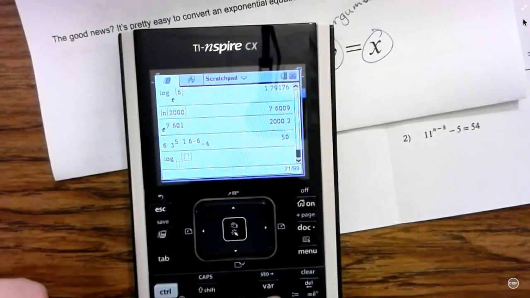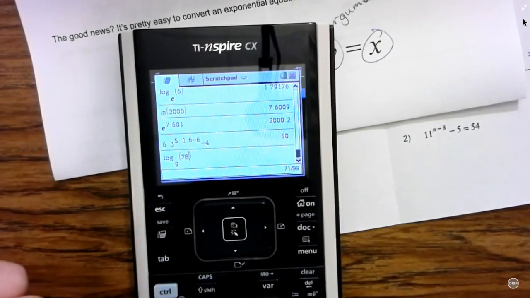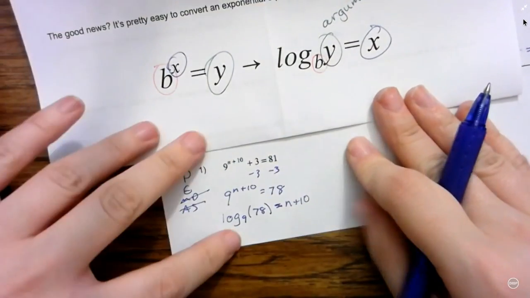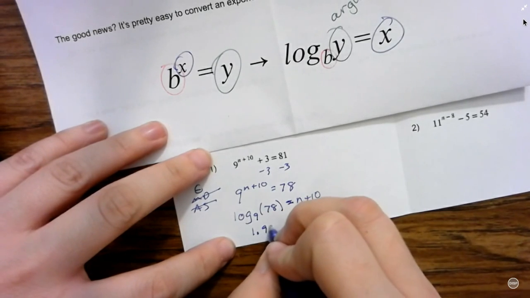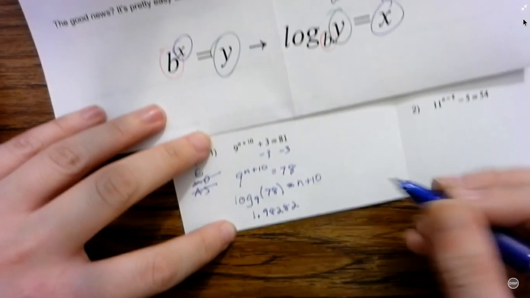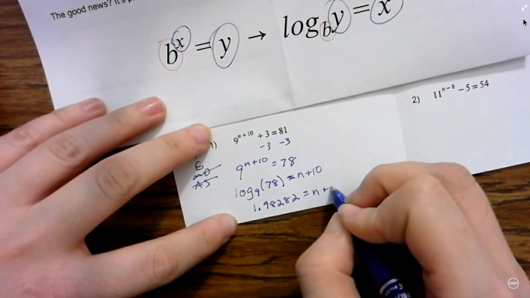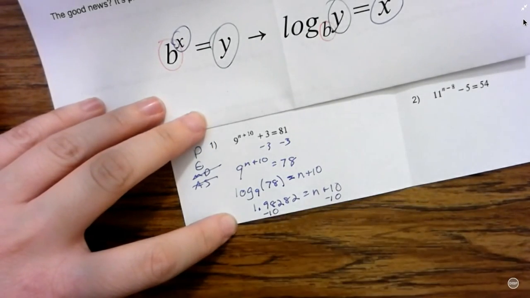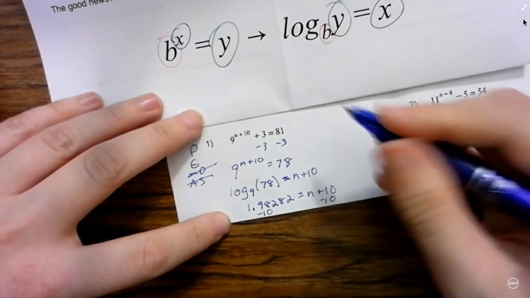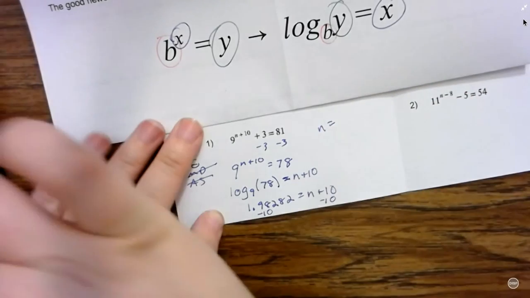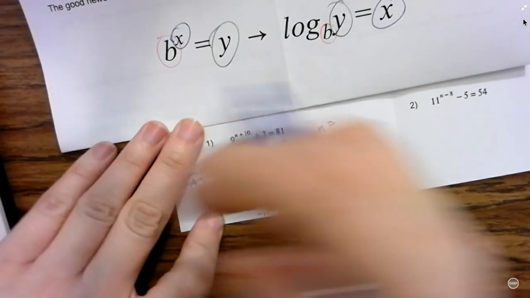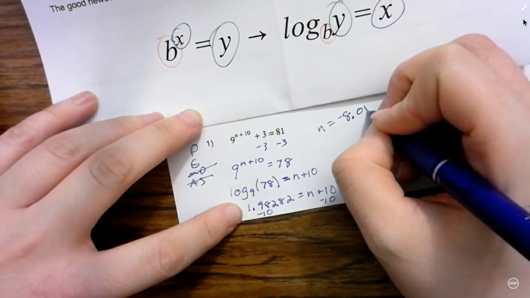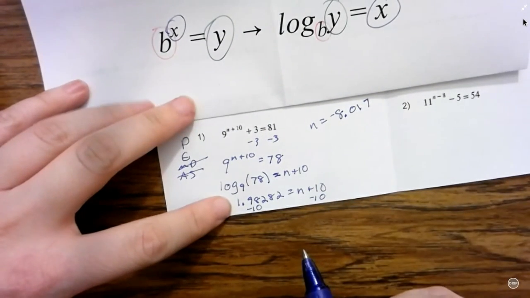So log base 9 of 78 gives me 1.98282 equals n plus 10. And then finally subtract 10. So you get n equals negative 8.017 because we're rounded to the third decimal place.